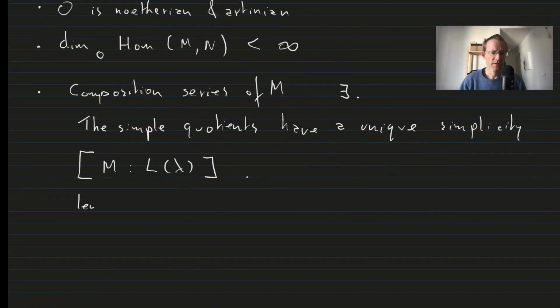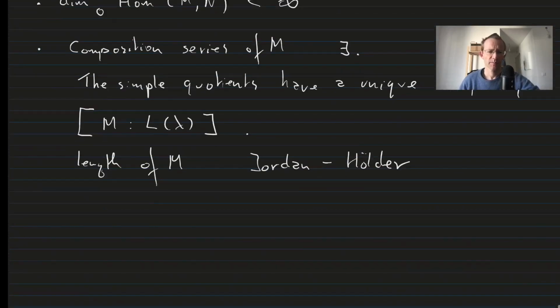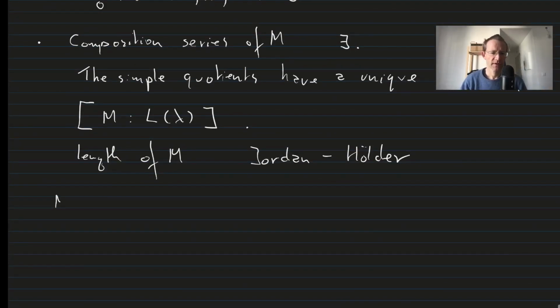The length of the composition series is called the length of M, or Jordan-Hölder length. That's the length of the composition series. And so a very simple example is, for instance, M of minus rho, minus half the sum of the roots.